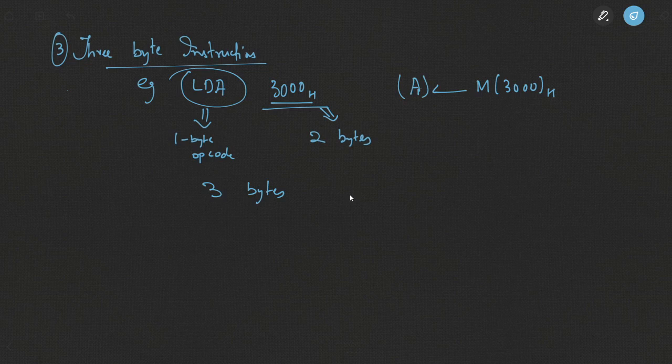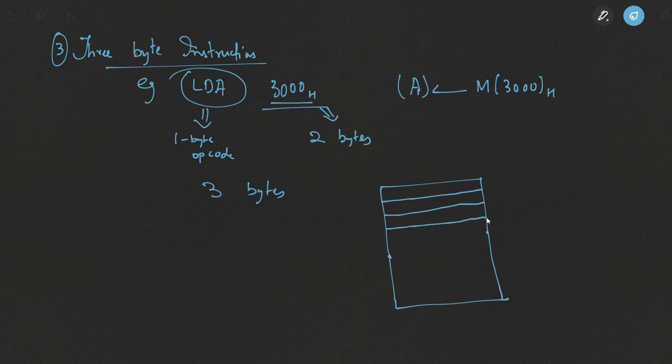So why do we need to understand this? Say for example, we have the memory. These are addresses. Say this is 3000.